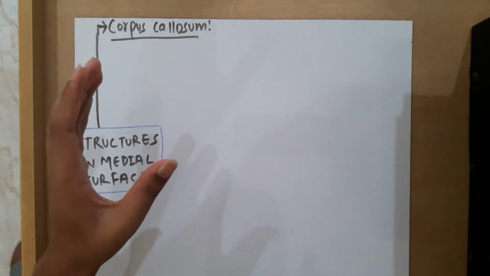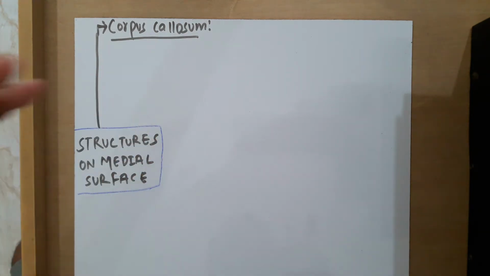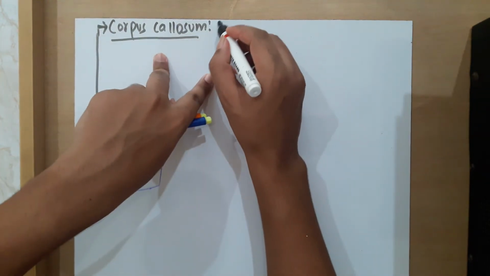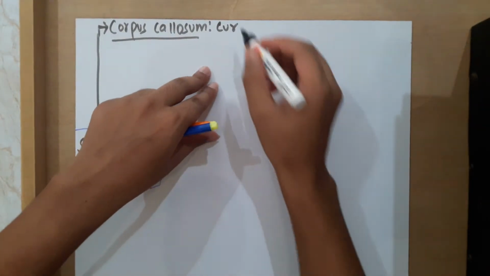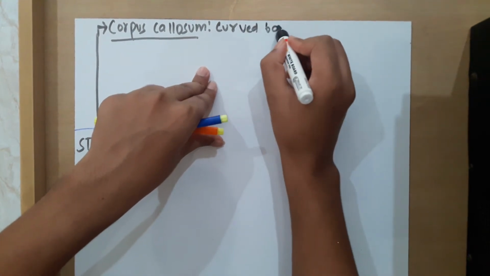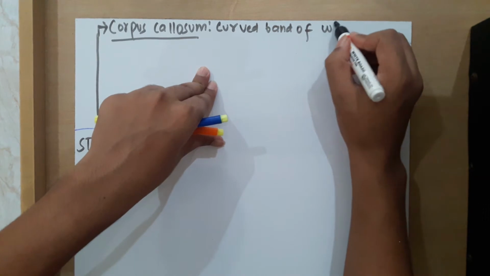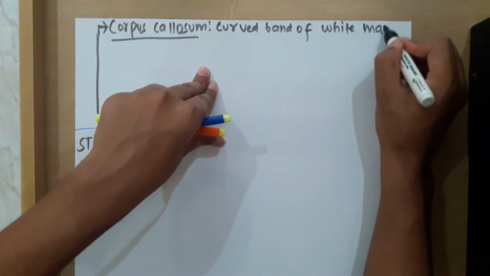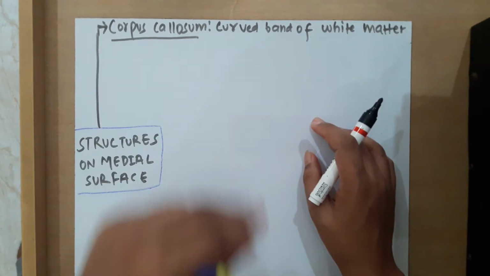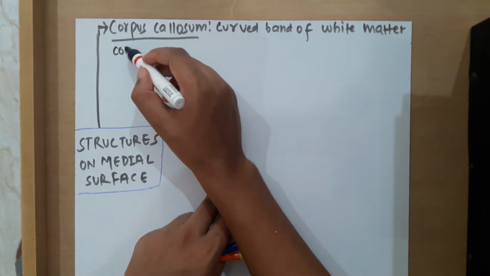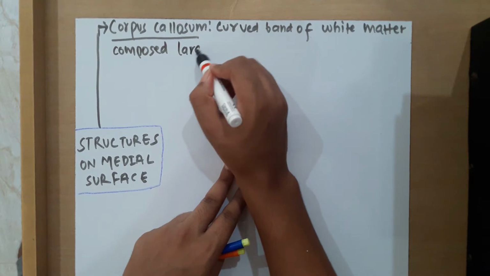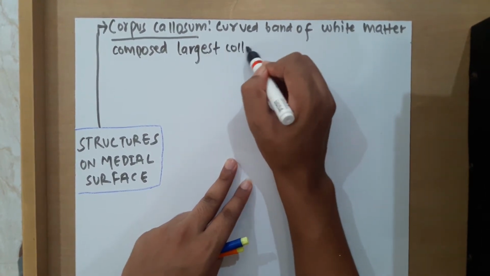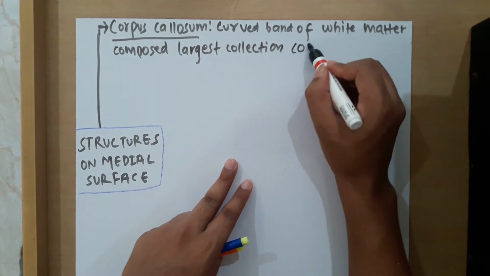Okay, it is a curved band of white matter composed of the largest collection of commissural fibers.